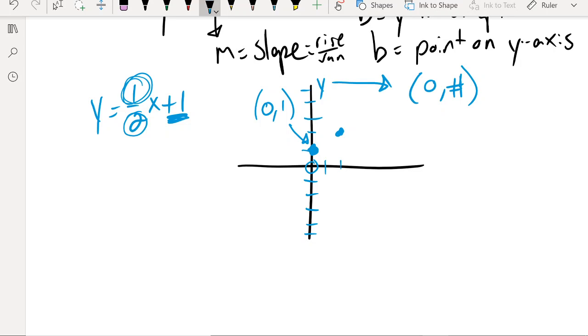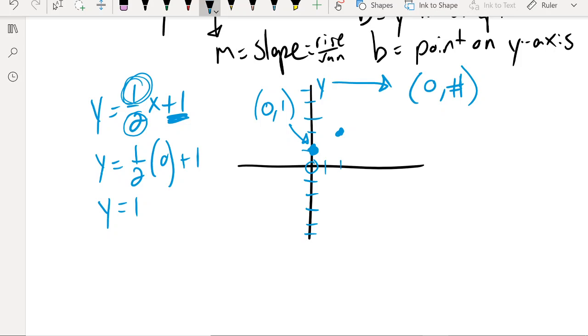So what if I plug in 0 for x? 1/2 of 0 plus 1. Well, 0 times anything is 0, so y equals 1.